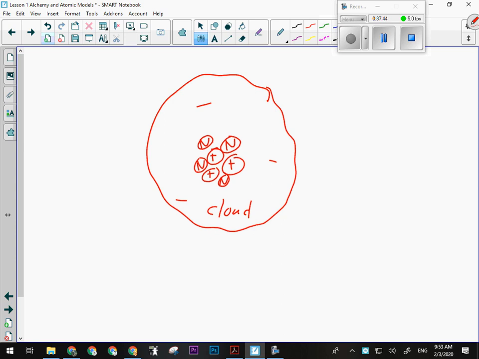Just to remind you, you might want to write this down: number of protons equals the atomic number. Number of neutrons equals atomic mass minus atomic number.